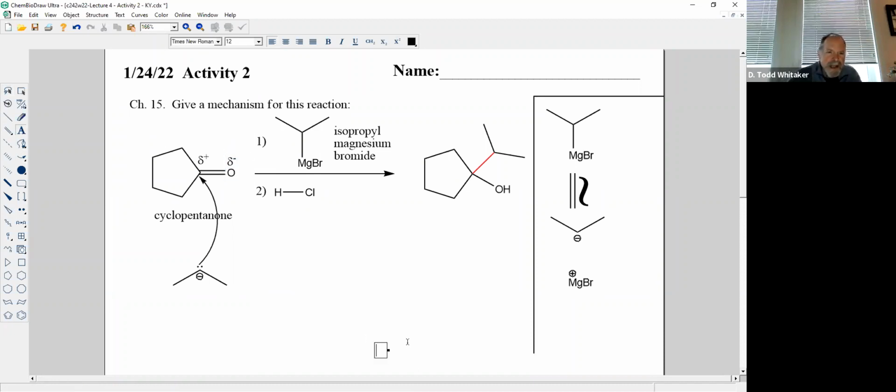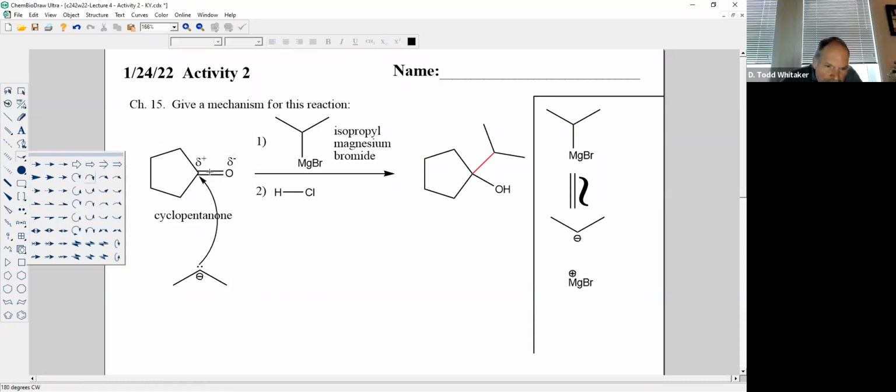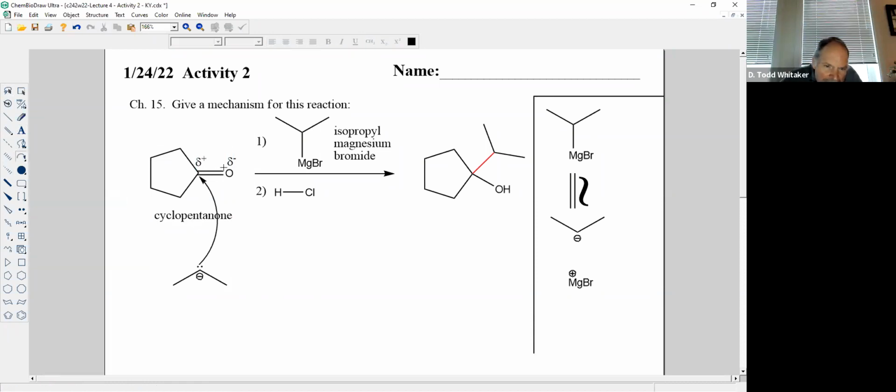And you can't have 5 bonds to carbon. I want to make sure that's clearly attacking there. All right. This breaks. This arrow starts on the pi, ends up on the O as a lone pair. We're almost finished this mechanism.